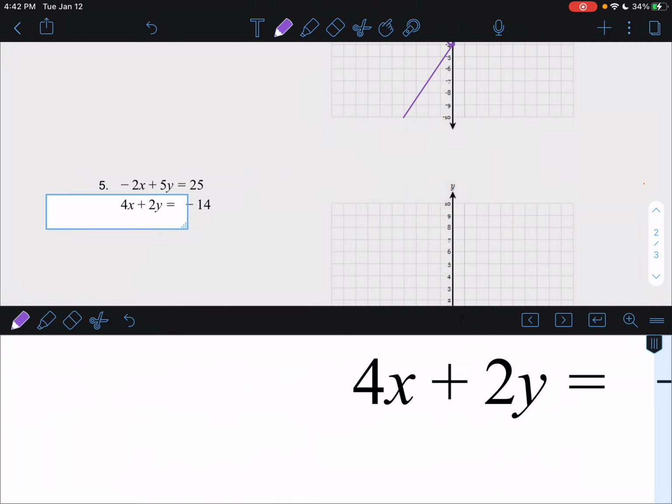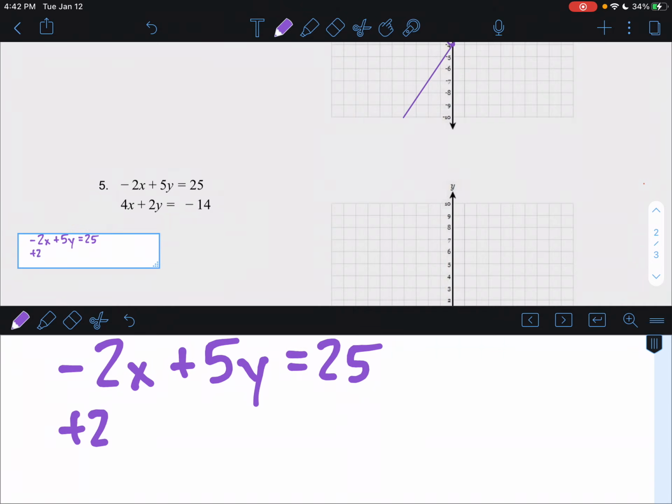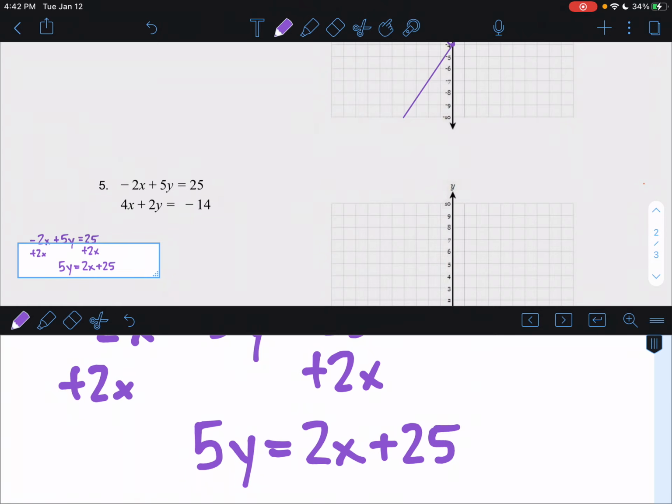So if I have this negative 2x plus 5y equals 25, I want to get that y all by itself. So I'm going to add 2x to both sides, which gives me 5y equals 2x plus 25.